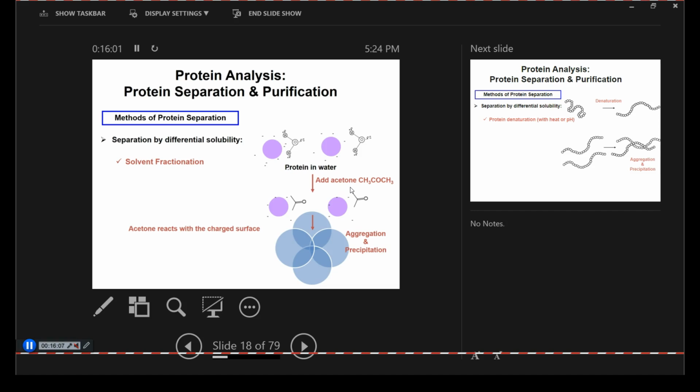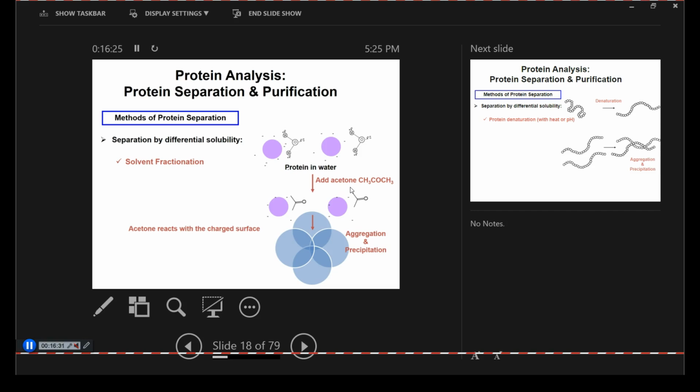So the protein unfolds, and the hydrophobic residues interact with acetone, but another protein also has hydrophobic residues exposed. When you have multiple proteins in proximity and all of them have hydrophobic residues exposed, you have very strong attraction due to hydrophobic interactions, and then they come together.